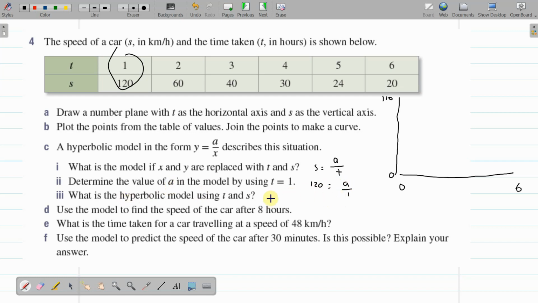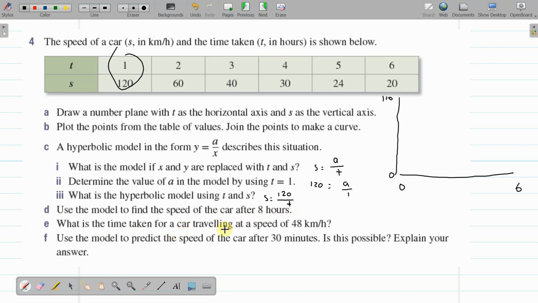And then put all that together, you put s equals 120, now we know what a is, over t. S over t, yep. Use this model to work out the speed of the car after 8 hours. So we'll put 8 here instead of t.